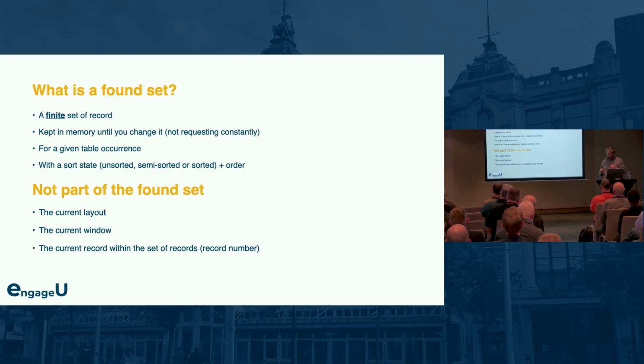And the current record within the found set is not part of the found set. Right? All the things are listed, including the found set and what is here and what is not. The found set, what is it called? It's called the context, right?